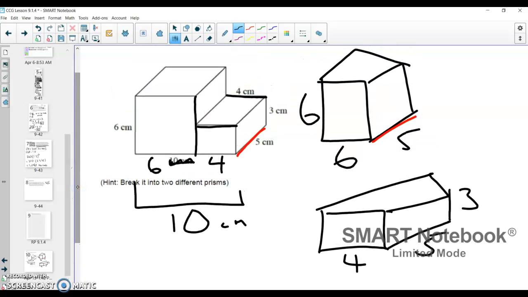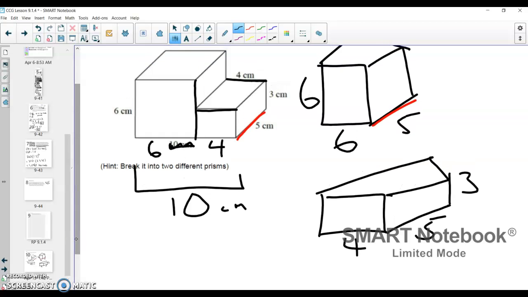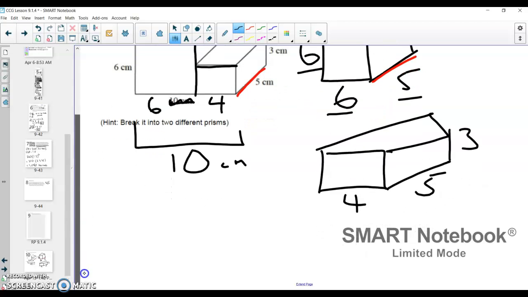And so this is just a big part to remember when you're finding the volume of a rectangular prism like these are. When you're finding the volume of a rectangular prism, it is length times width times height. And so for the first shape, it is 6 times 6 times 5.